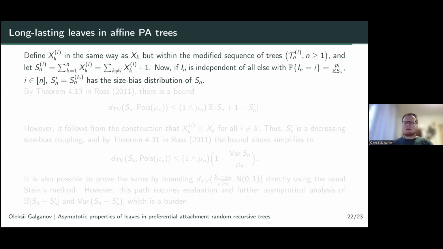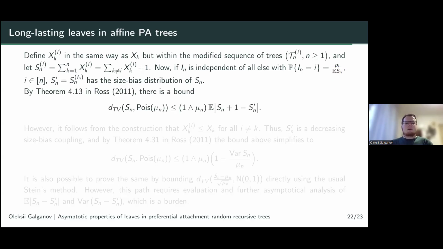We pick it according to some probability distribution. We modify the tree in such a way that this selected vertex becomes long-lasting, and we reattach any vertices that may have become detached, just to keep them connected.